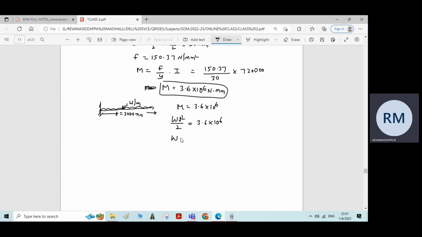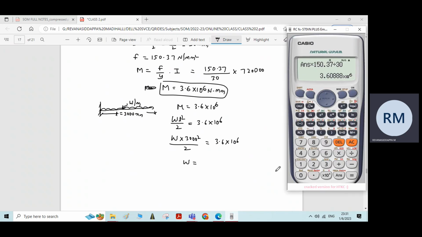W is the unknown factor into L, 3000 square by 2 is equal to 3.6 into 10 power 6. So solving this, we'll get the value of intensity of UDL. So here 3.6 into 10 power 6 into 2 divided by 3000 square.